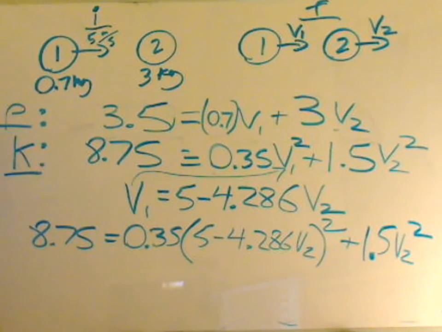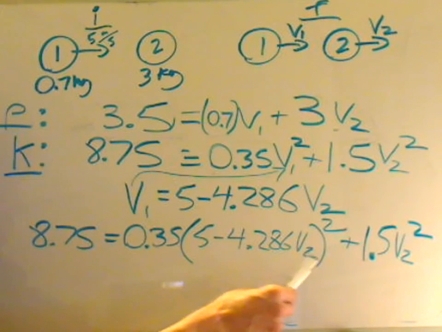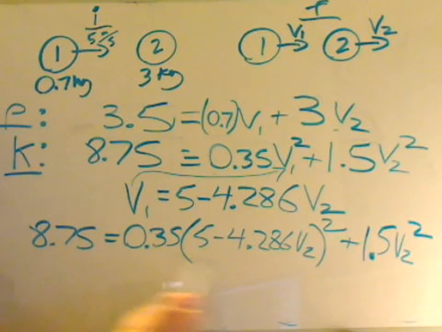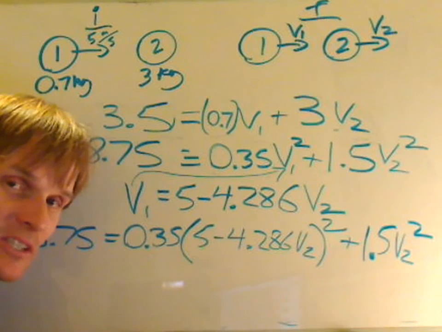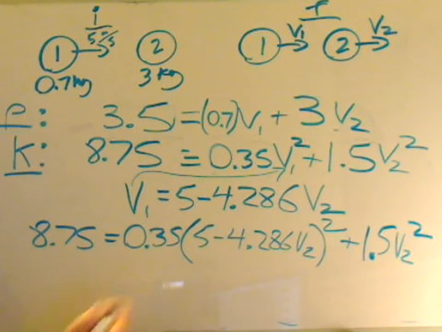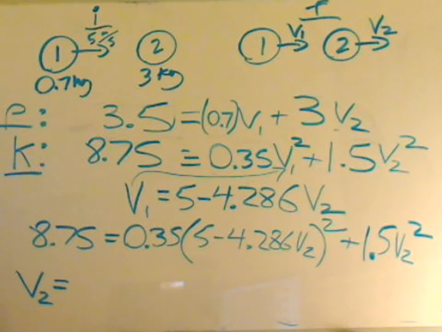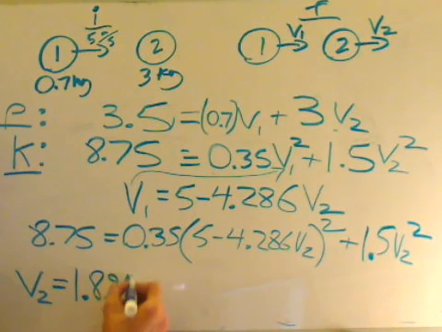Still messy, but relatively easy to solve for V2, since now just V2 is involved. You do the algebra, multiply stuff out. It involves several steps, and it's important to keep track of your numbers. The number I got for V2 was 1.89 meters per second.